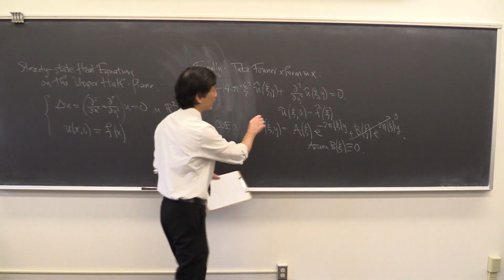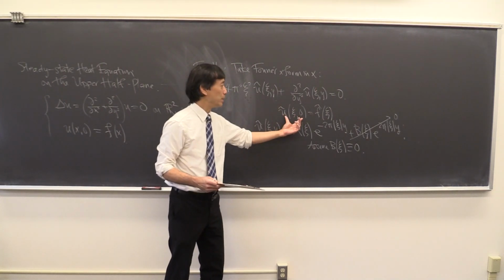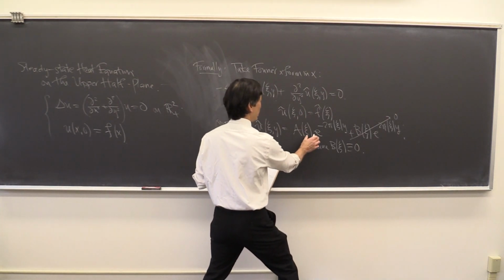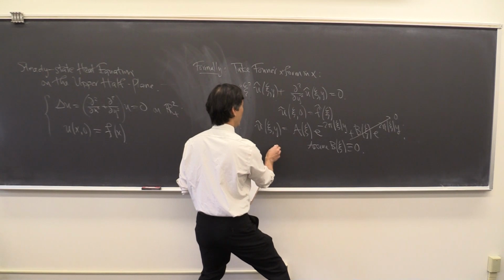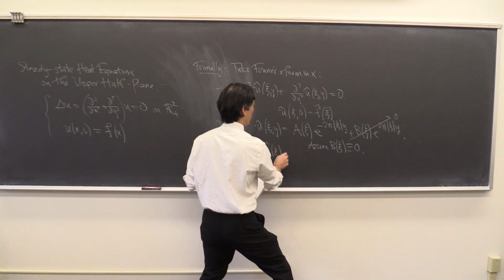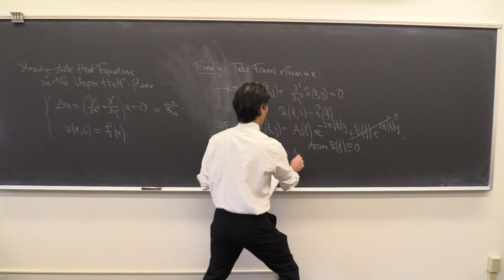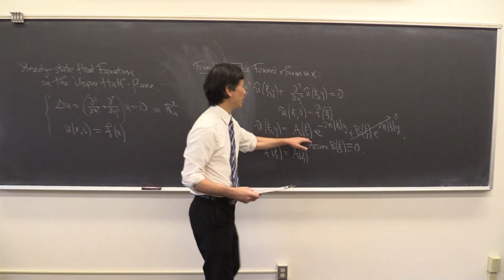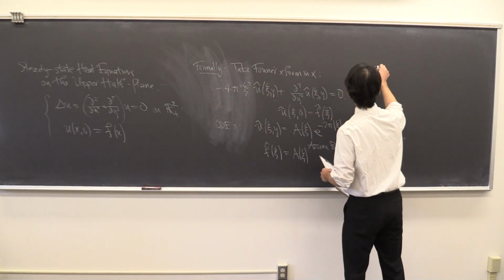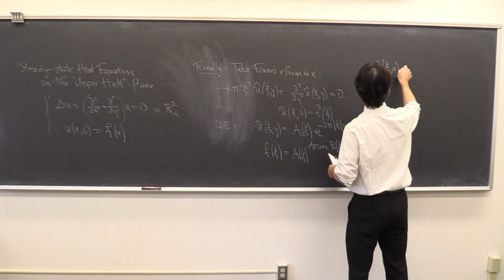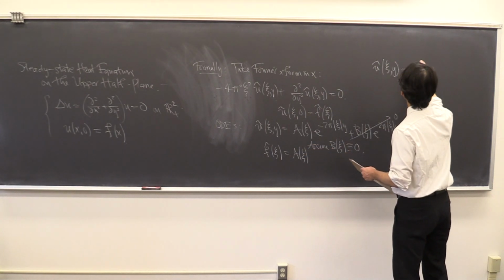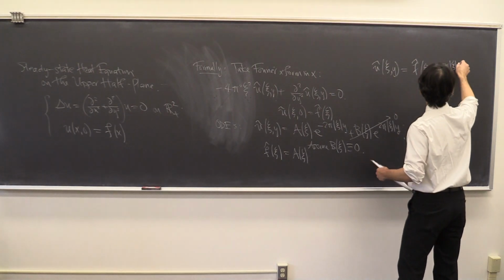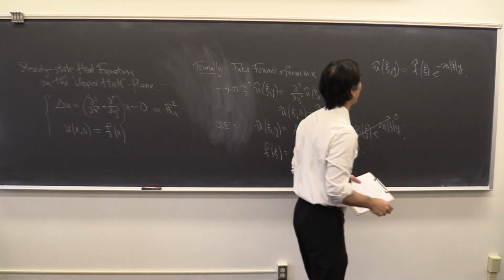And then, as before, we use the initial condition. We see that when y is equal to 0, f hat of c must be A of c, so we know what A of c must be. Altogether, u hat must be f hat of c times e to the negative 2 pi absolute value of c times y.